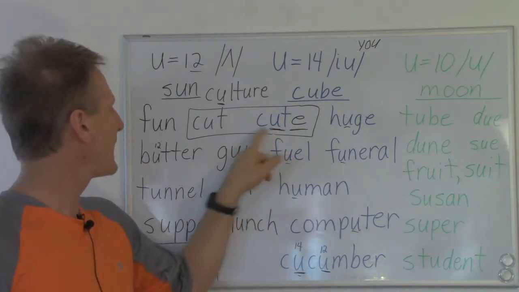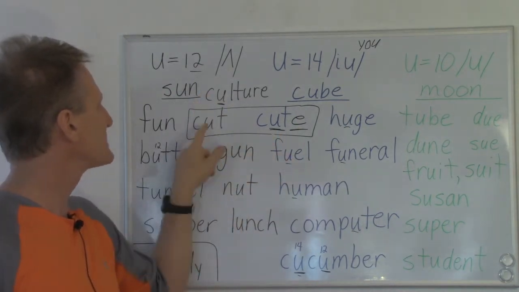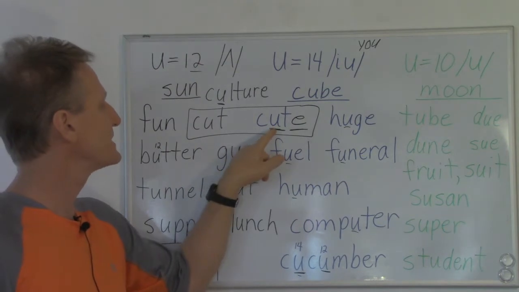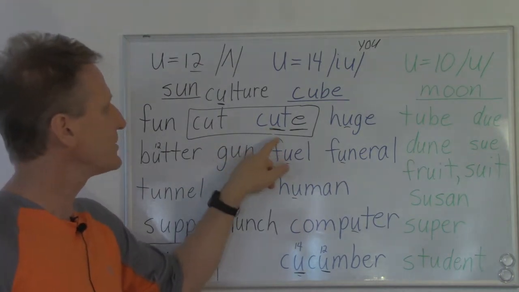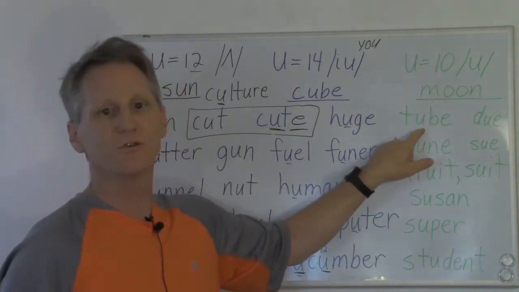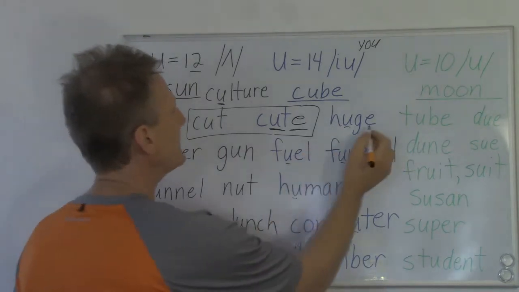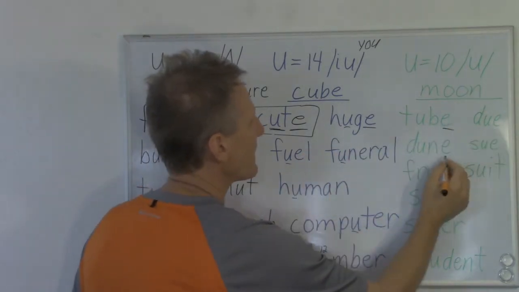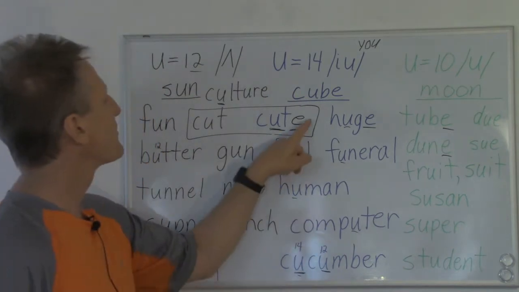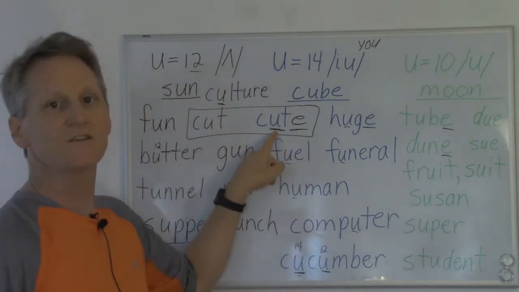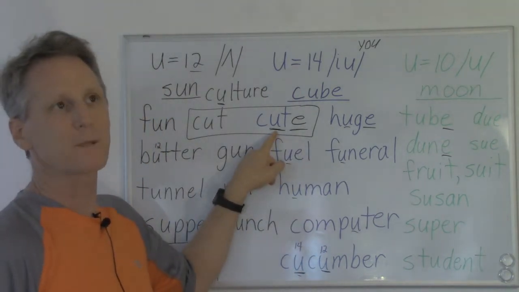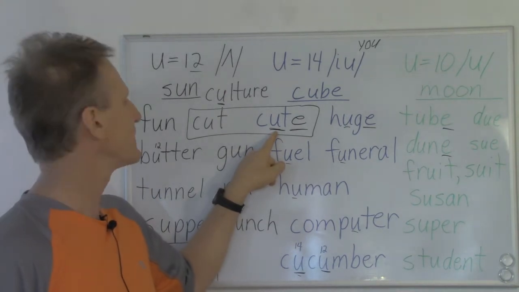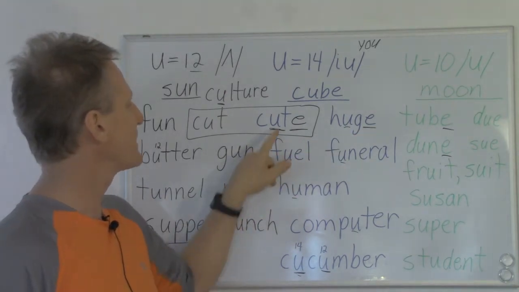This is not the same as a. This is now something else. It's either U as in cute or it's U as in tube. Okay? So this silent E is an indication that the prior vowel is going to sound like its letter name or something close to it. Okay? So we've got huge, we've got cute.